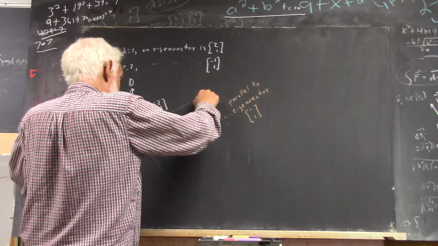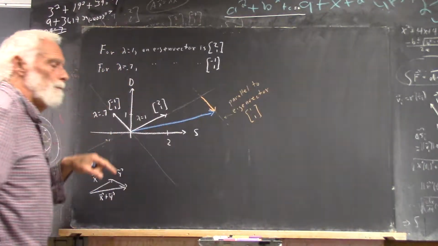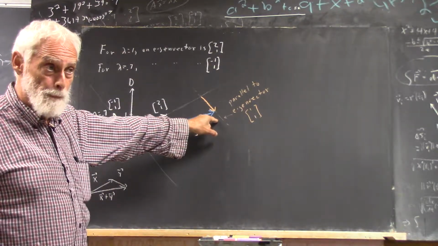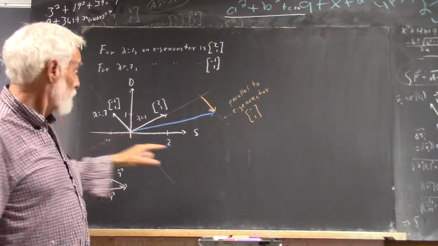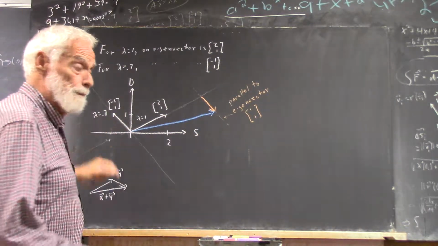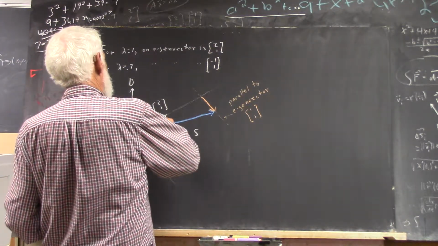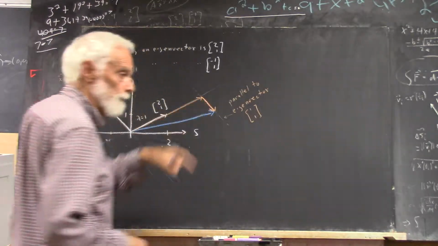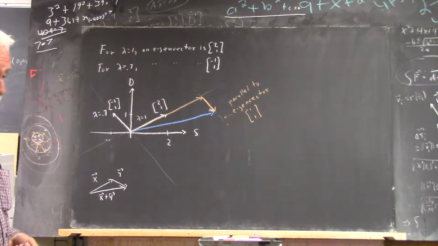So what we do is we just draw the arrow from here to here, parallel to this eigenvector. And this vector. Okay?